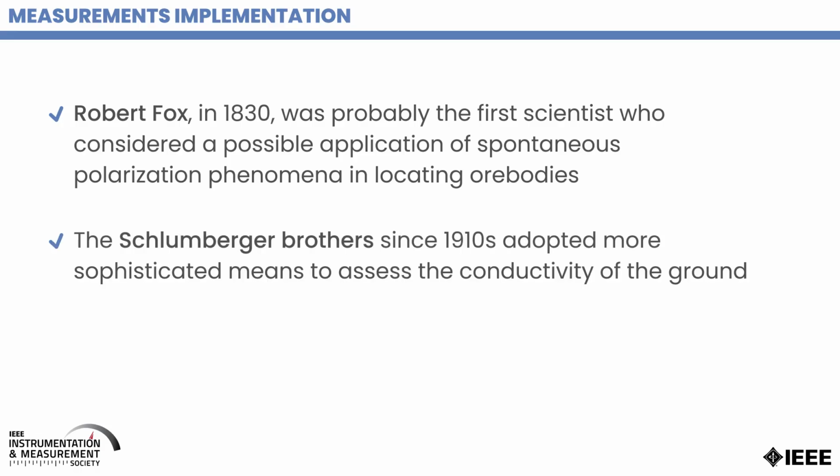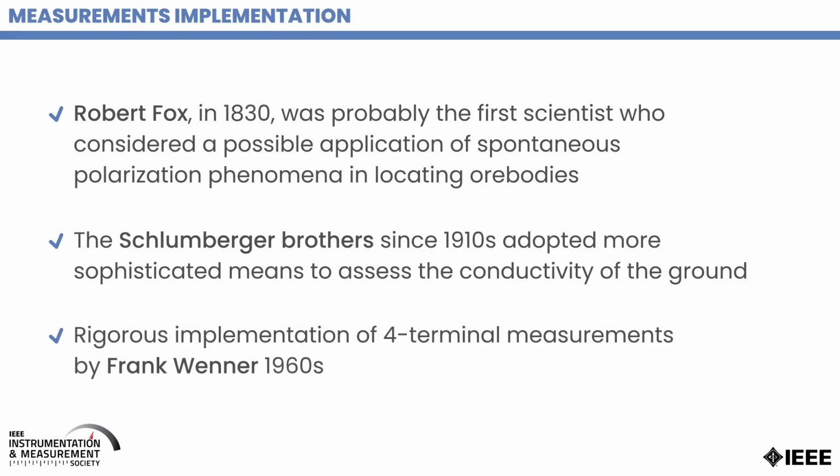Later, at the beginning of the 20th century, the Schlumberger brothers performed this kind of measurement with somewhat more sophisticated means. So it was a first kind of electrical resistivity measurement of the ground. But the first rigorous implementation of a 4-terminal resistance measurement in order to assess the resistivity of the ground was by Frank Wenner.